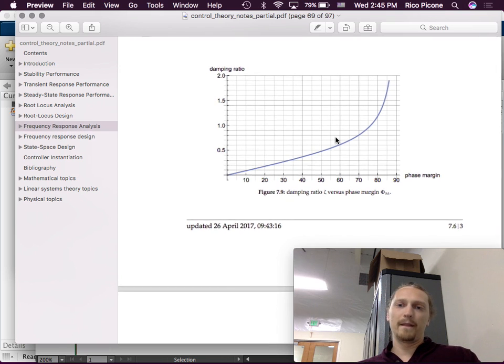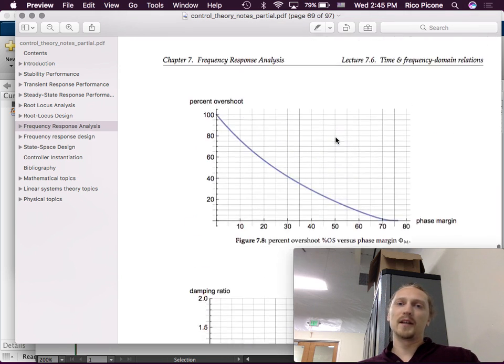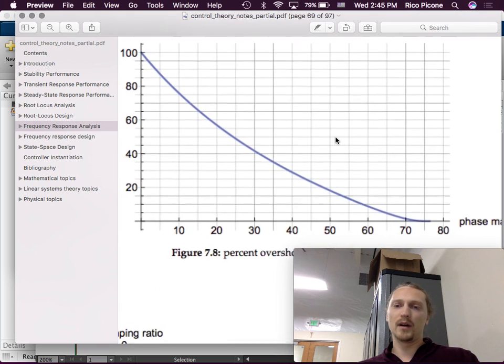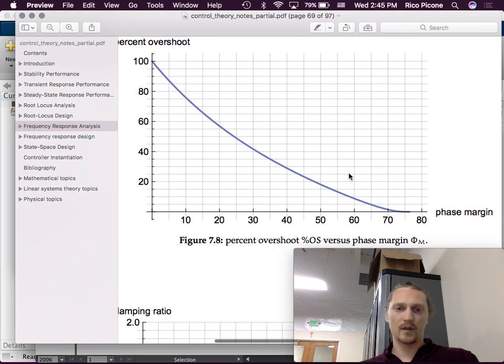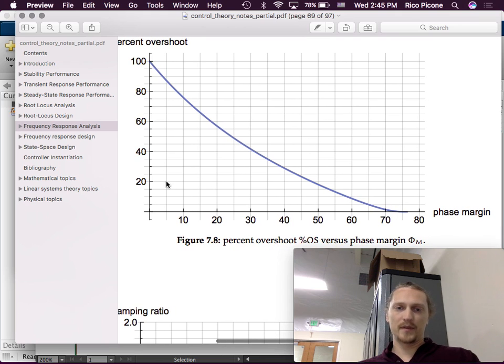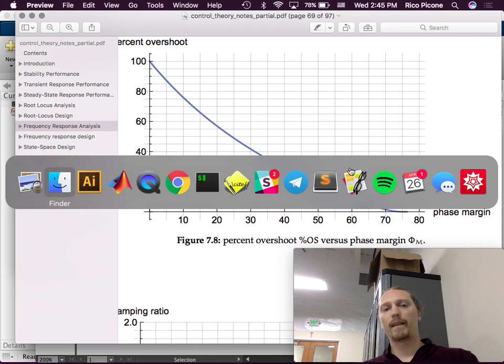We want, not the damping one, the percent overshoot one. We want a 20% overshoot, right? So 20%, it's like 47, 48 as the phase margin, somewhere in there. So that's what we want our phase margin to be in degrees.